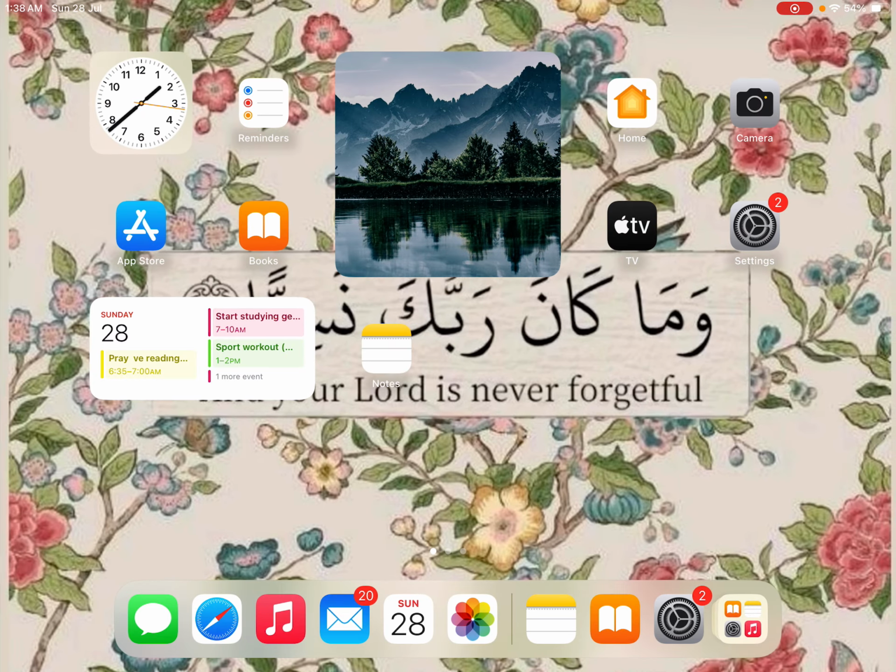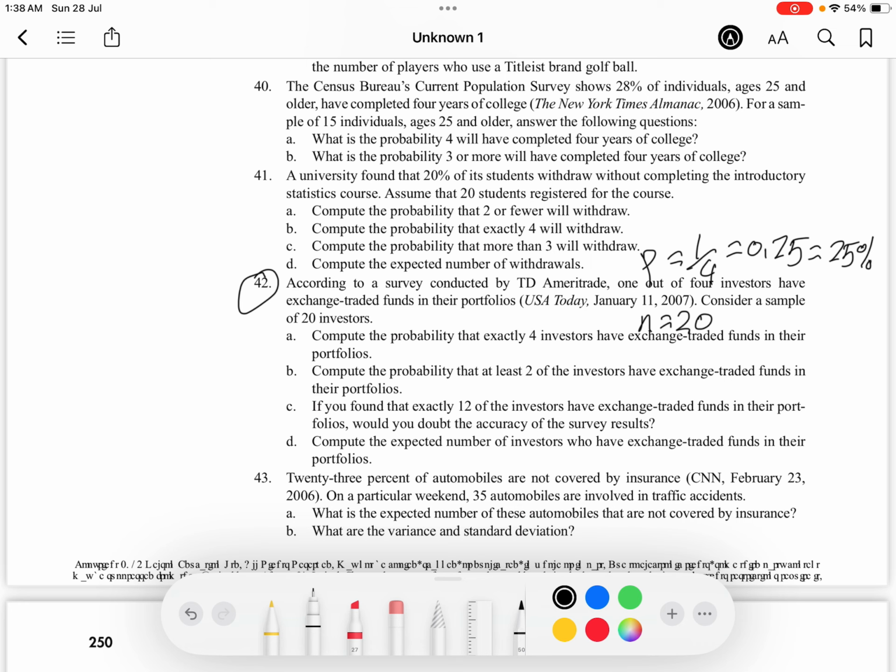Here I will solve now question number C. If we found that exactly 12 of the investors have exchanged traded funds in their profile, would you doubt the accuracy of the survey result? I will here delete this part. Now we return back, exactly 12, and the second part, find the expected number.